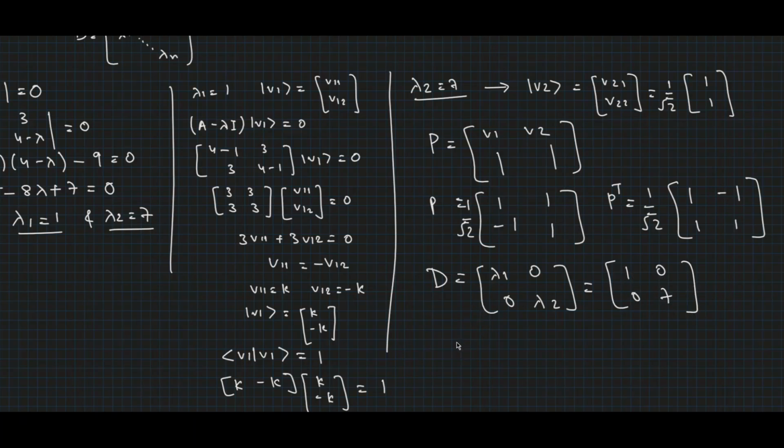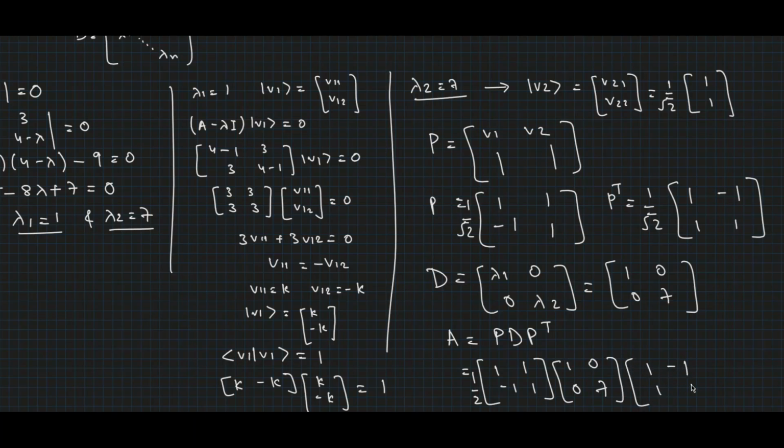Therefore the spectral decomposition of A, which is equal to P D P dagger, will be equal to 1 by root 2 and 1 by root 2 will be 1 by 2, times [1, 1; minus 1, 1] times [1, 0; 0, 7] times [1, minus 1; 1, 1]. So this is the spectral decomposition of the matrix A.